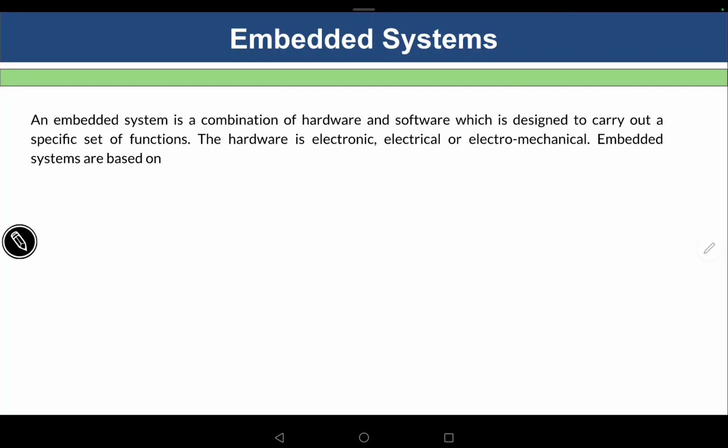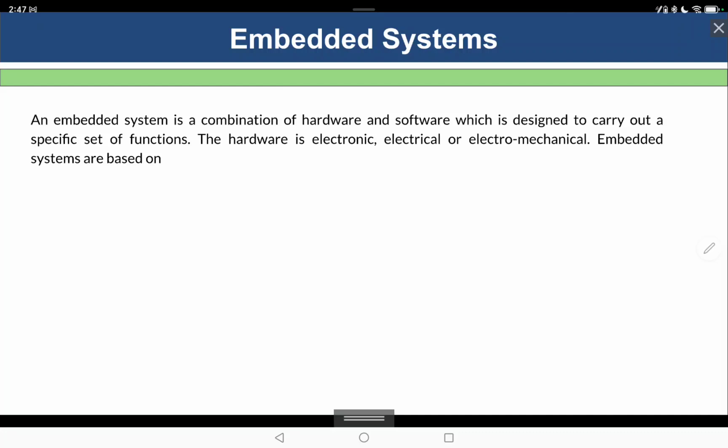Now let's look at embedded systems. Embedded systems are systems that consist of a combination of hardware and software, designed to carry out a specific function.